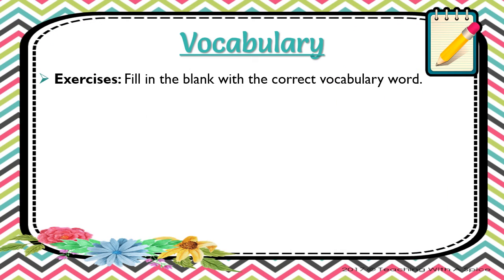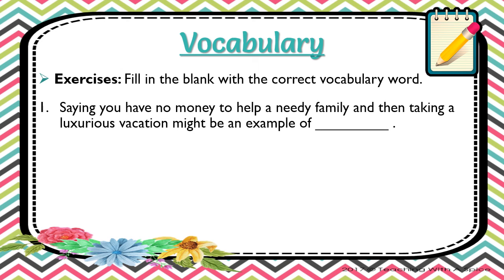All right, let's practice. Fill in the blank with the correct vocabulary word. Number 1, saying you have no money to help a needy family and then taking a luxurious vacation, luxurious means very fancy, might be an example of which one?